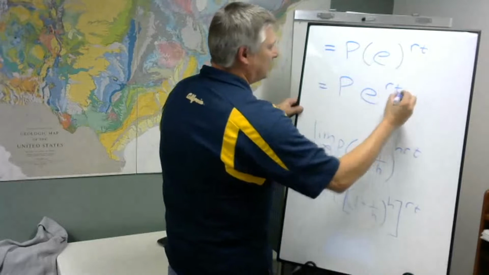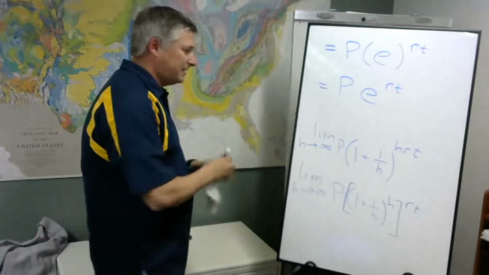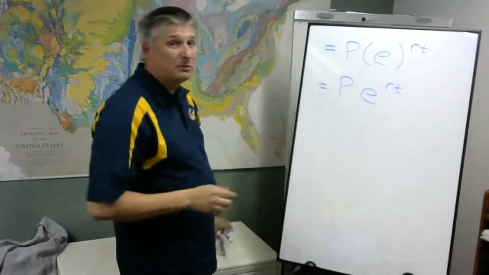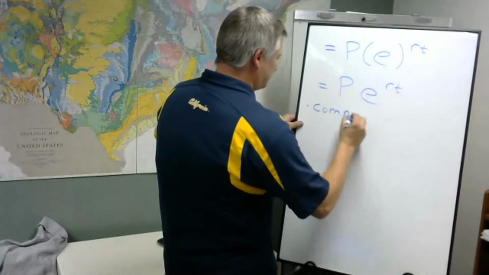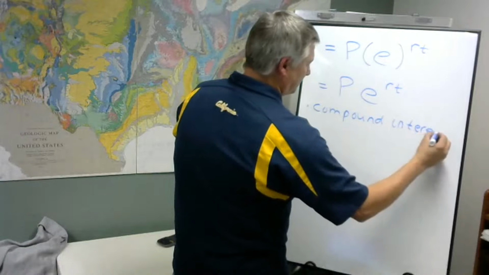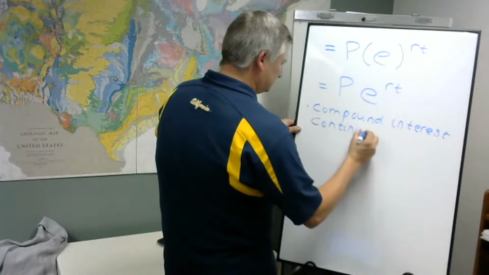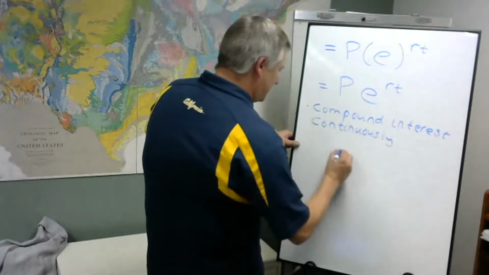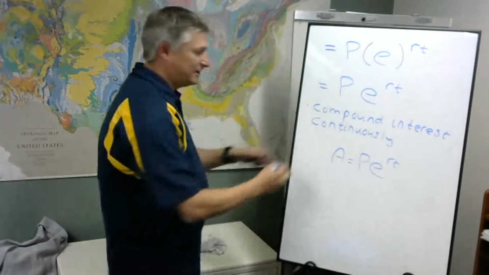So we get P e to the rt. And you might have seen this formula before, but it's the formula for compounding interest continuously. And so it is A equals P e to the rt.